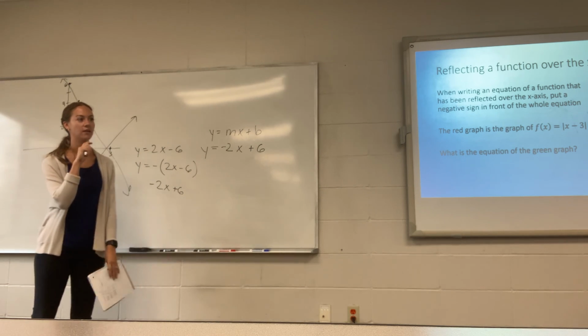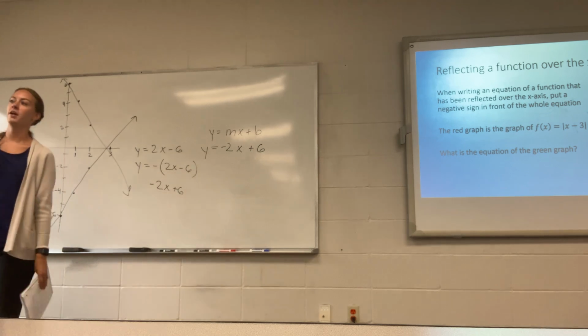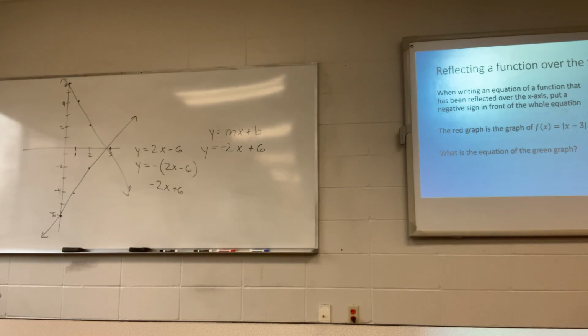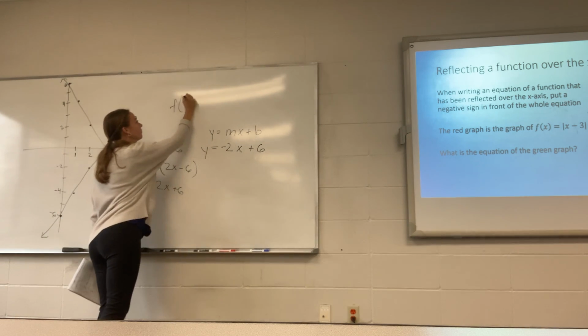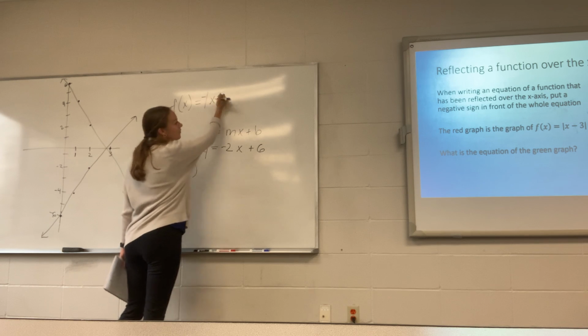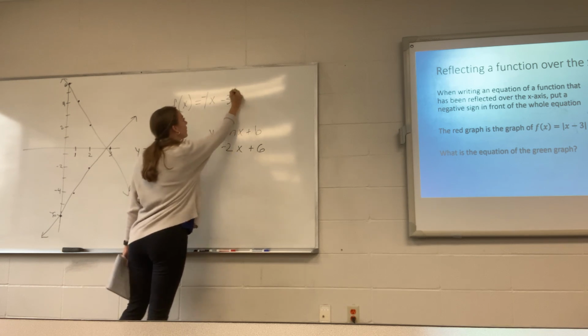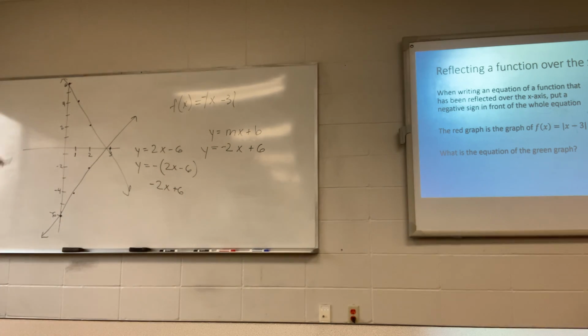So what do you guys think? The easiest way to write an equation, yeah, Kaden? Wouldn't it just be y equals negative of the absolute value of x minus 3? Yeah, exactly. Negative of the absolute value of x minus 3. That's all it is. If you were to type that into your calculator, it's going to give you that green graph right there.